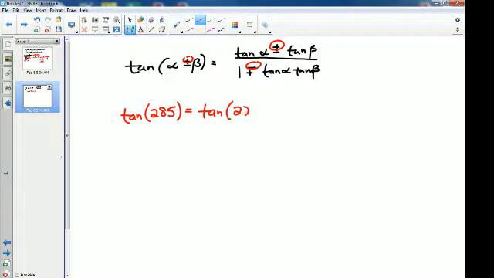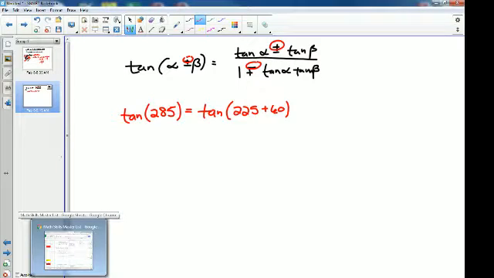Does that work? Yeah, it's different from what's in the book. You could use 240 and 45. Yeah, that works too. So lots of options here.